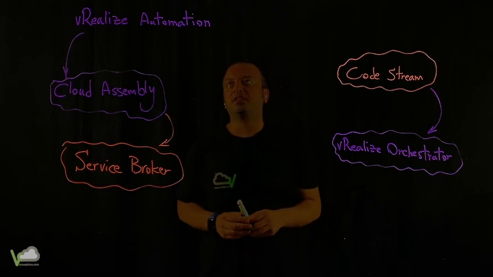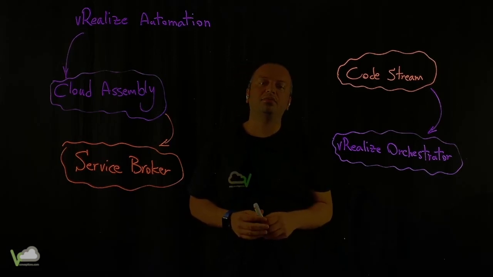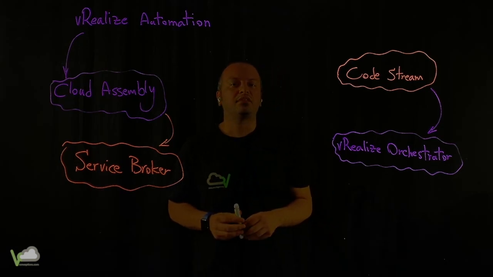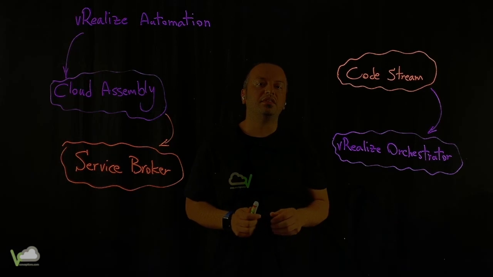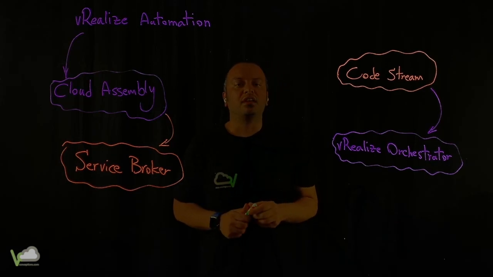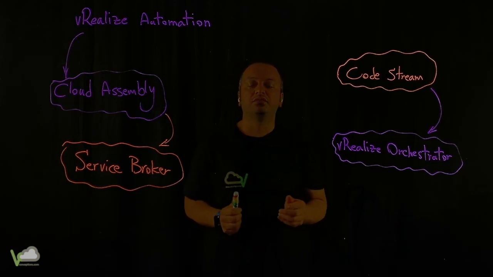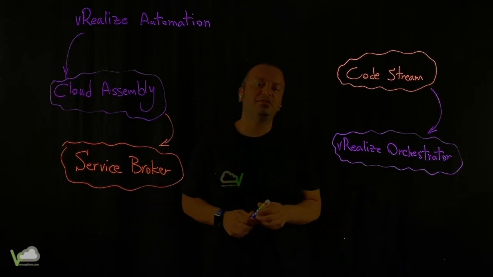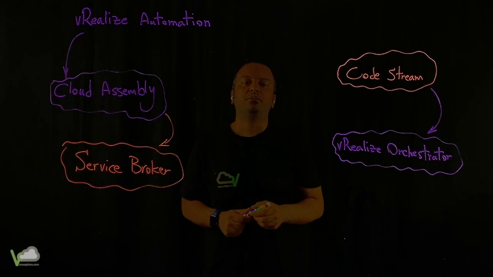Here with this session, we're going to talk about vRealize Automation and give you a brief introduction, and we'll see what its components are and what features it delivers. So, vRealize Automation is VMware Cloud Platform Management.